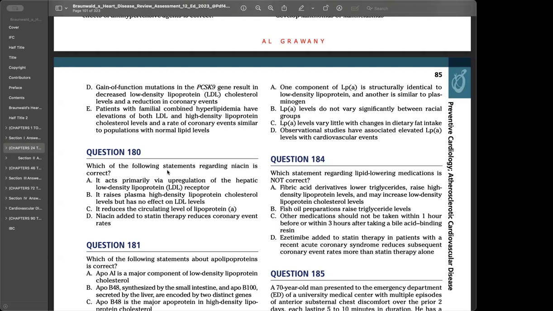So since this is a false statement, it's the true answer. So option B is true.